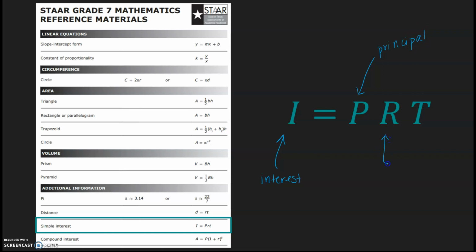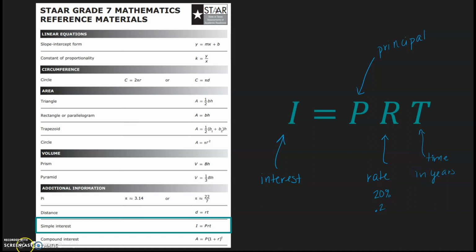R is your rate, which again has to be written in decimal form. So if they say it's 20%, it needs to be written as 0.2 in our equation. And then T is time, and our time is always written in years.